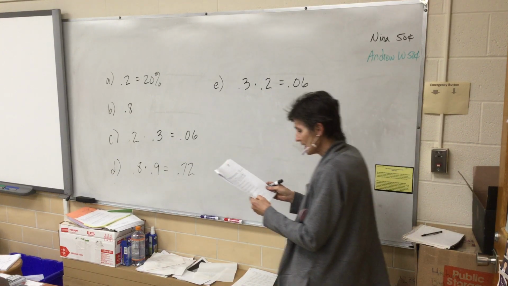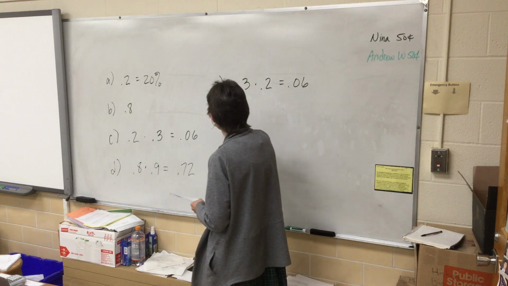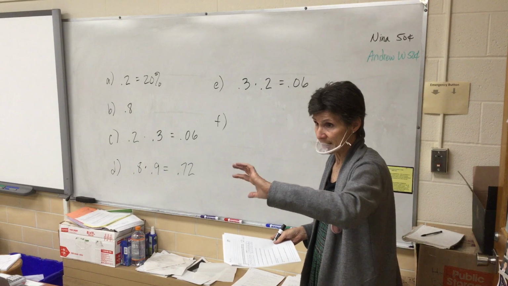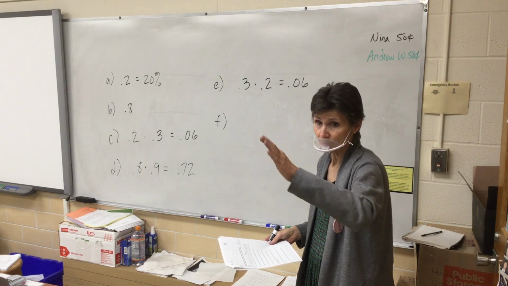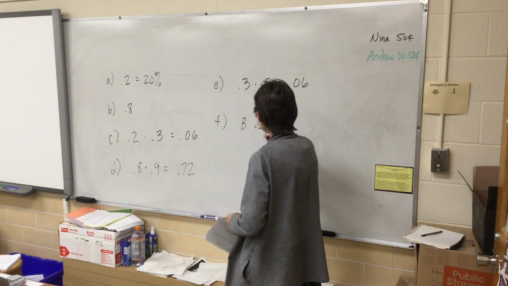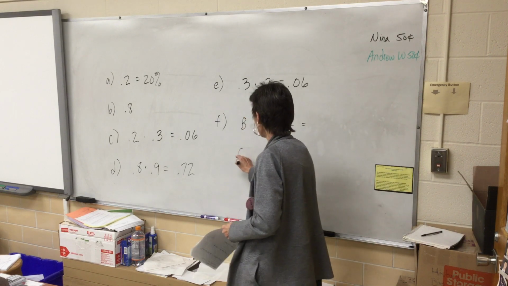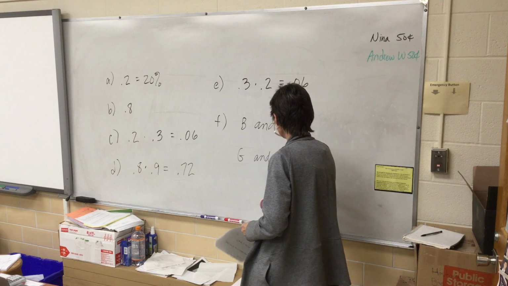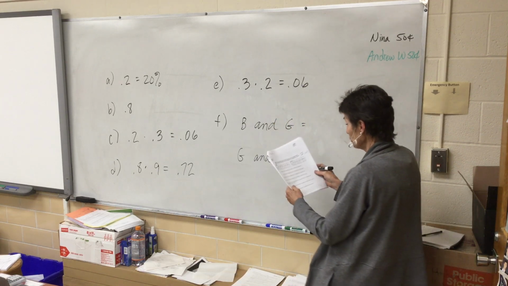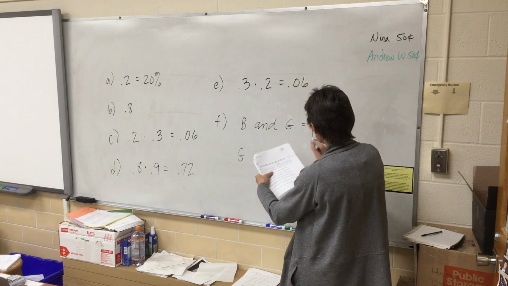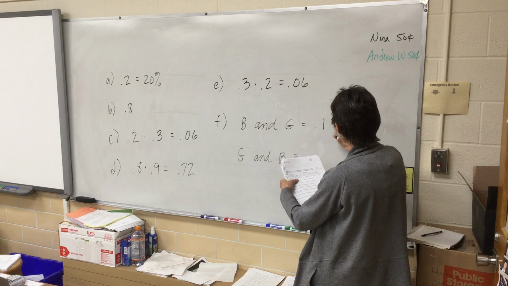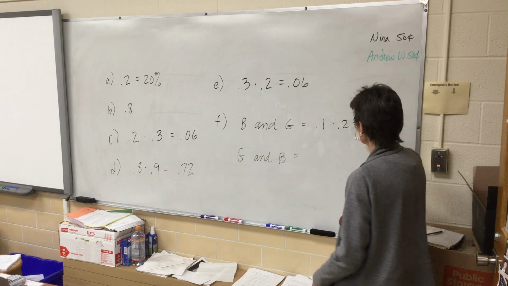All right, let's look at F. Now, what's different about F, guys? I still want a blue and a green, but now they don't give me any order. So now I could do blue and green, or I could do green and blue. Either way. So blue and then green would be 0.02.